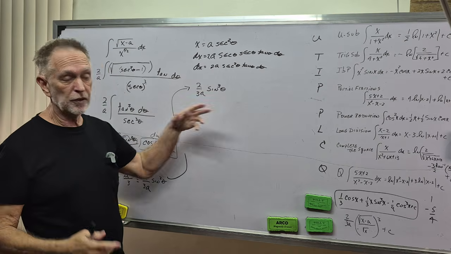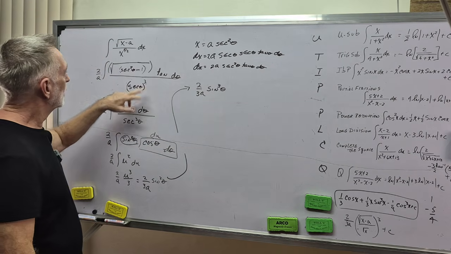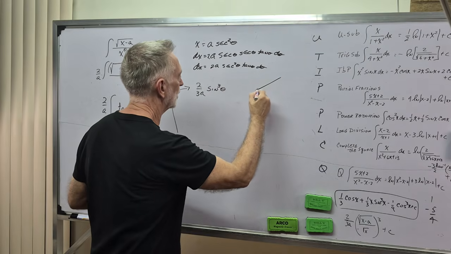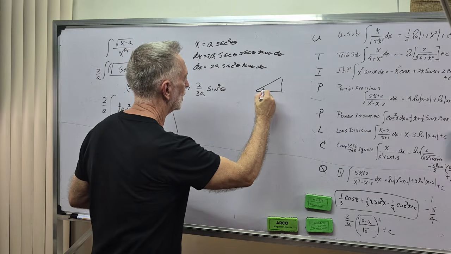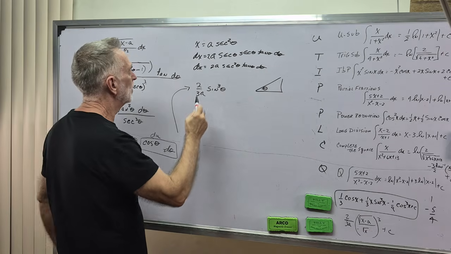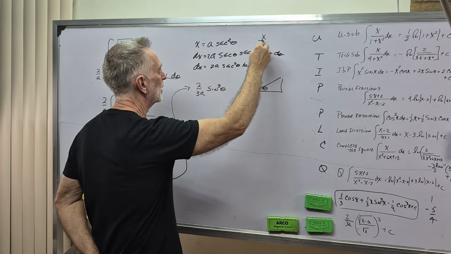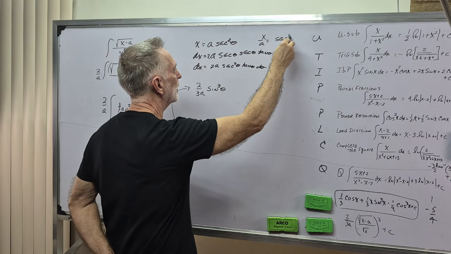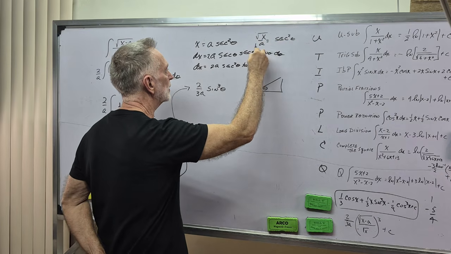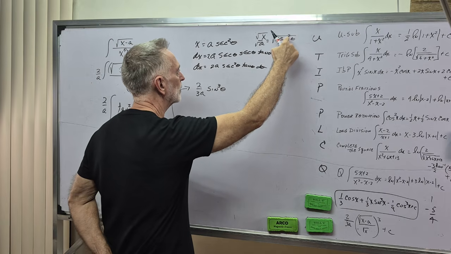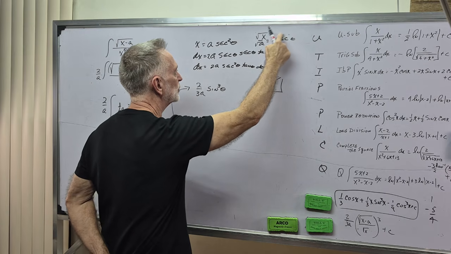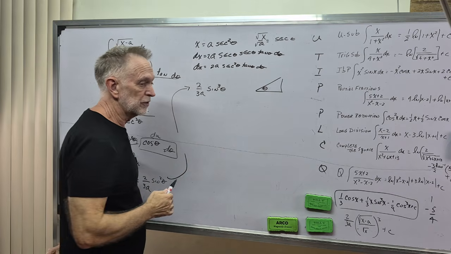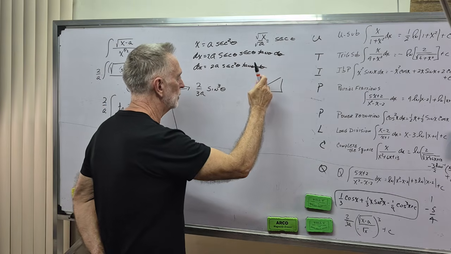Okay, and we're in the theta world. We've got to get back to the x world. Where were we? Okay, let's write our triangle here. Theta, but x over a equals secant squared theta. So I need to take the square root of everything here. So that would give me secant theta is square root x over square root a.